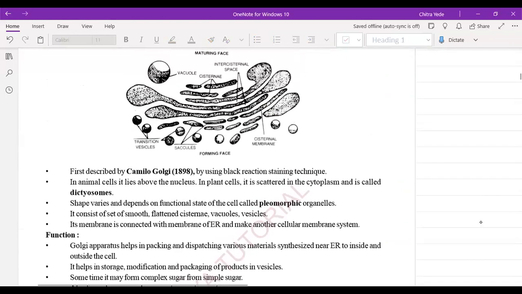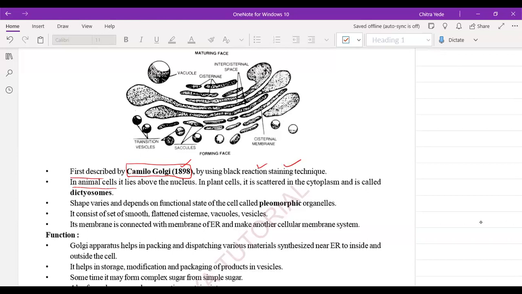It was first described by Camillo Golgi. That's why it is named Golgi apparatus or Golgi body, in 1898, using the black reaction staining technique, by which it appeared in the cell.